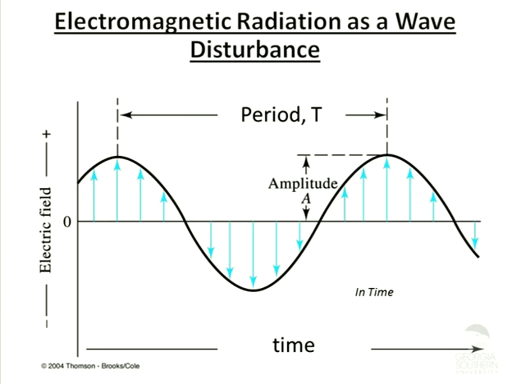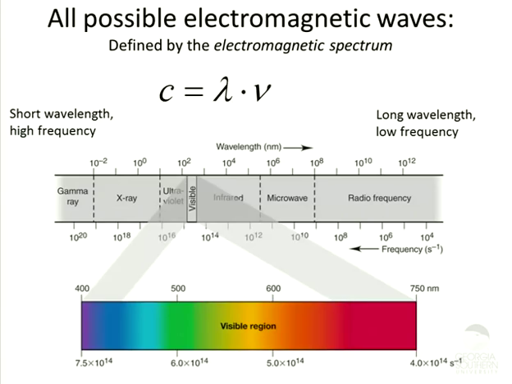If you look at a fixed point in space and look at it in time, the amount of time that it takes to repeat itself is called the period. And the period is connected to this frequency, which we'll discuss in a minute. So we're talking about the wave aspect of light. And so waves can vary in their wavelength.